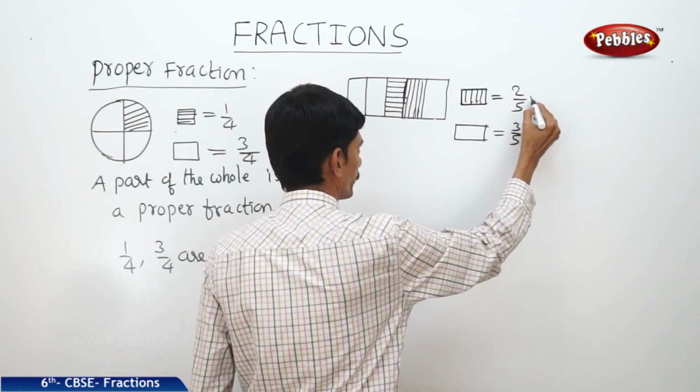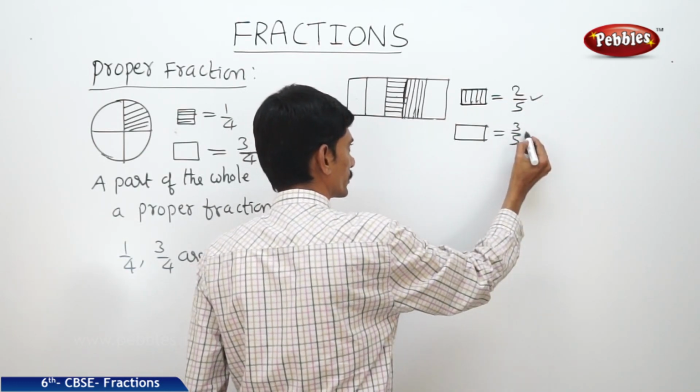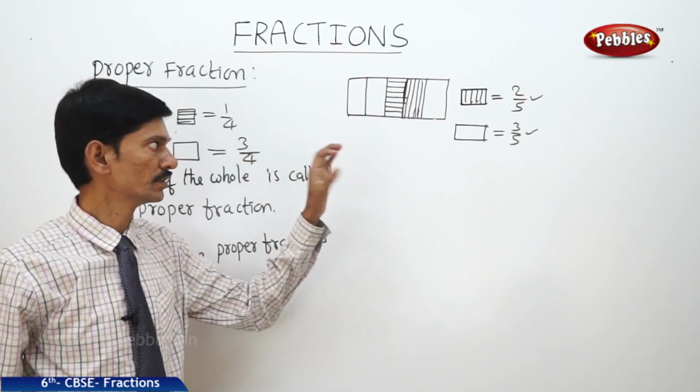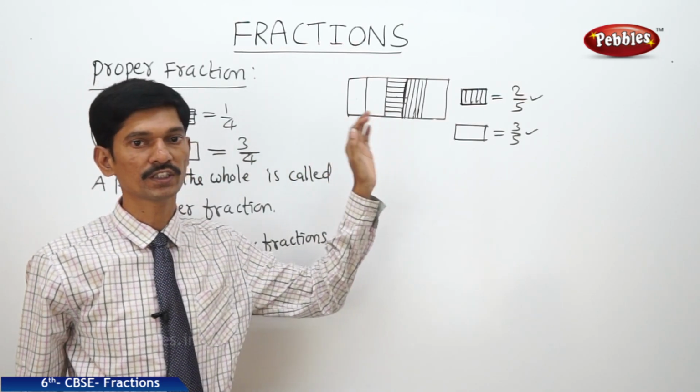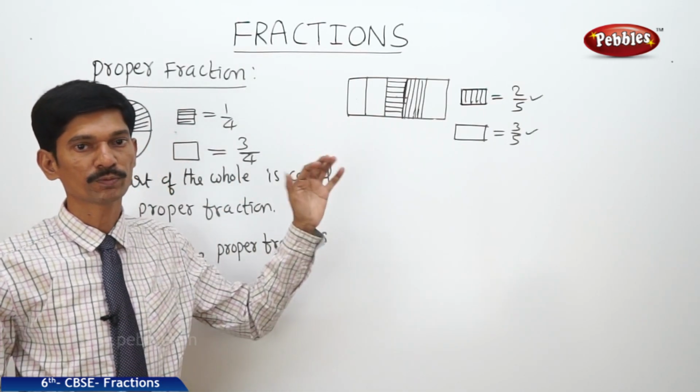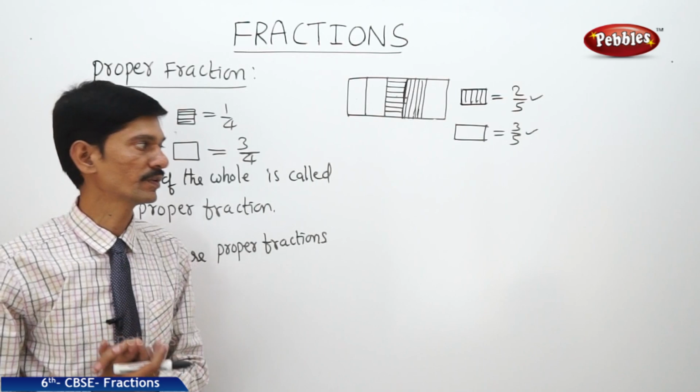So either the shaded or unshaded portion represents a part of the whole. So the part of the whole is a proper fraction, and in any proper fraction the numerator is less than the denominator.